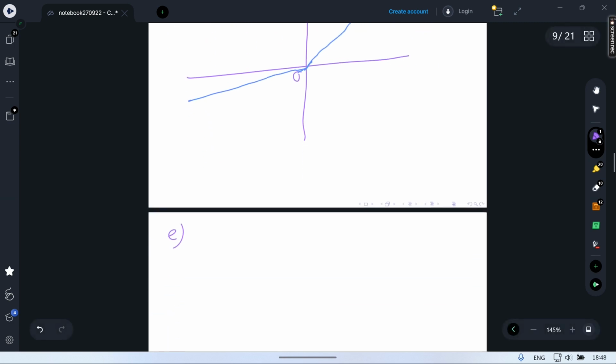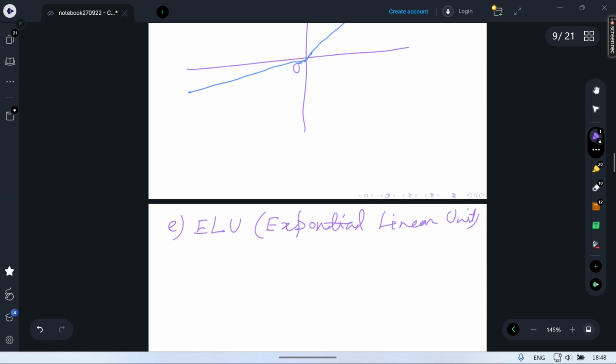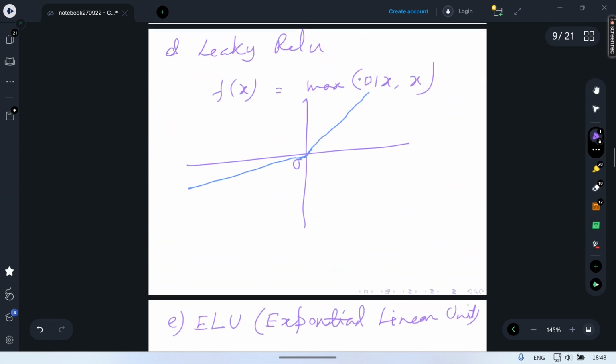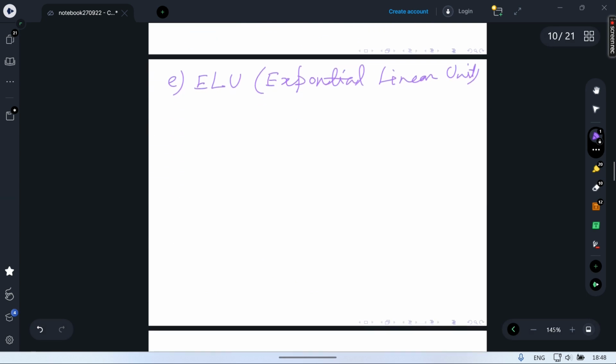And there is another one called ELU, or exponential linear unit. It is basically similar to ReLU, except that it is now differentiable everywhere.